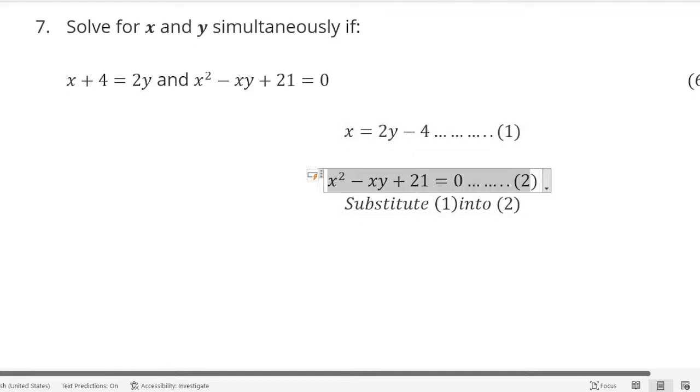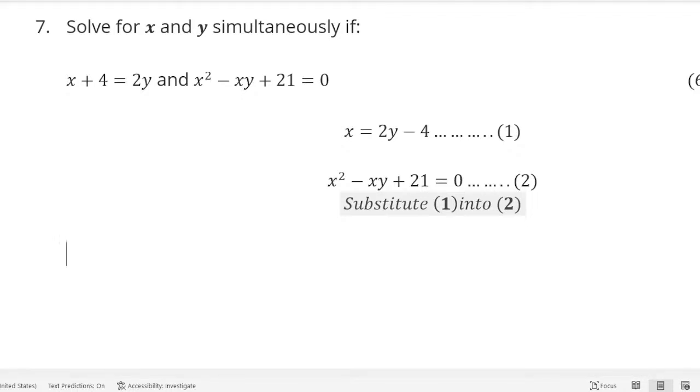In simple terms, where there is x, we're going to put 2y minus 4. So where there was x, we put 2y minus 4.